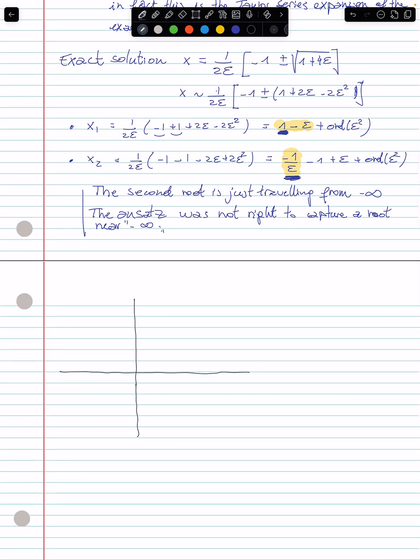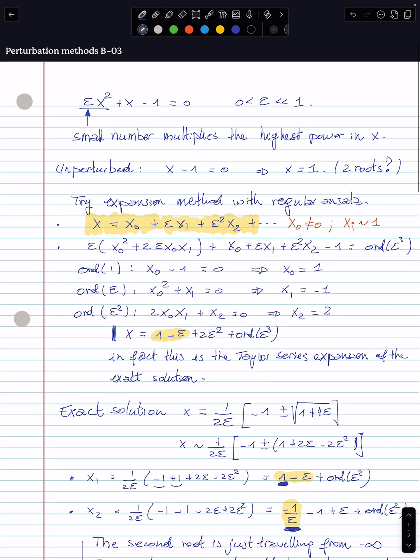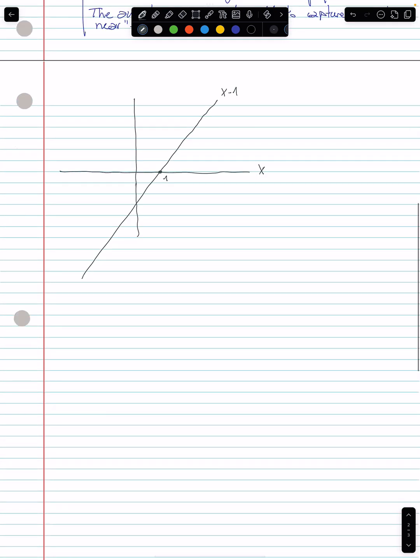If you want to sketch it, it looks like this: x minus 1 is equal to 0 over here, and then I'm supposed to add epsilon times x squared.